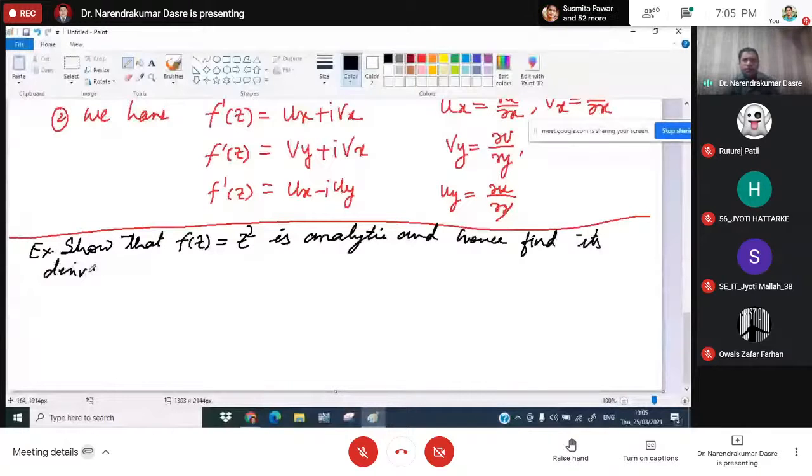So we want this derivative in terms of z, so let us try to get this in terms of z.